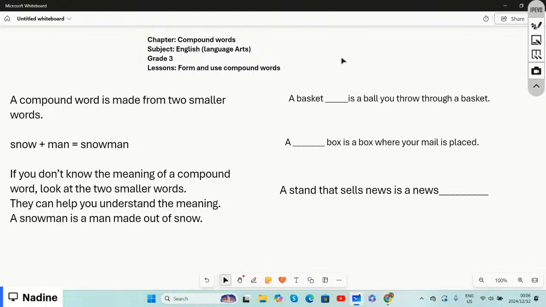The lessons that we are going to be focusing on today under the chapter of compound words is to form and use compound words.